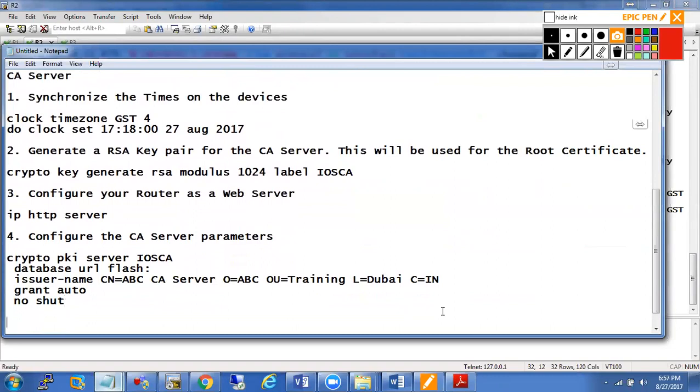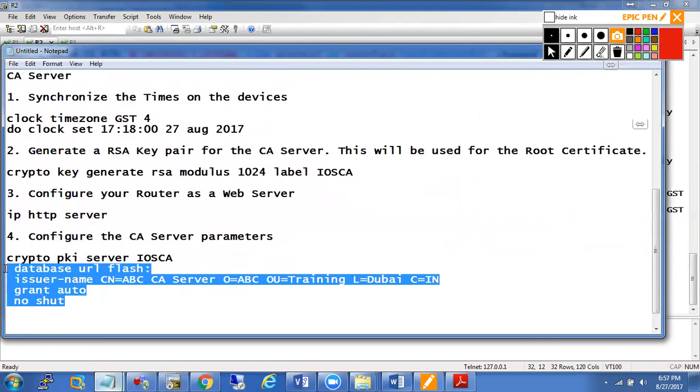I've lectured for an hour to explain how it works, but if you really look at it, this is what you need to do to set up a CA server. Tough? 4 steps. Synchronize your clock, generate your public-private key pair for the CA server, enable the HTTP server, and set up your PKI parameters that you will be issuing on every certificate. So as I said, I'm not going to do the HTTP server because I want you guys to see something.